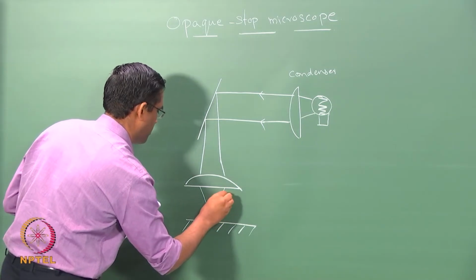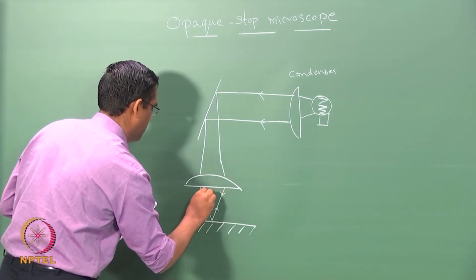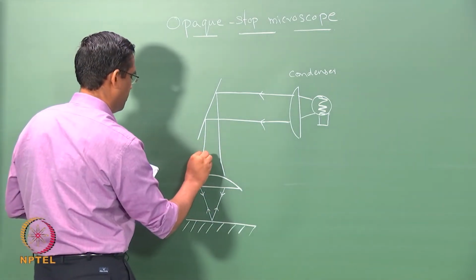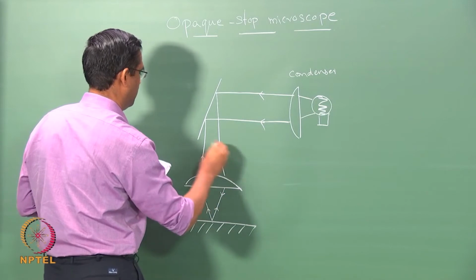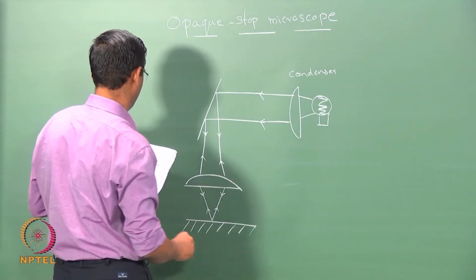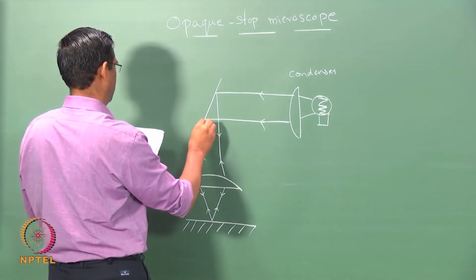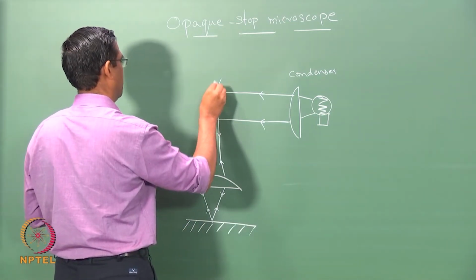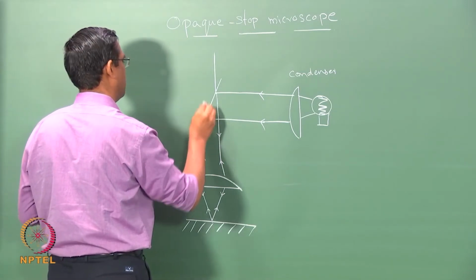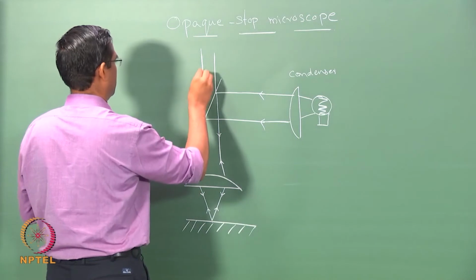So light rays first come through this objective and then go back like this. Then they are supposed to go to the eyepiece like this.